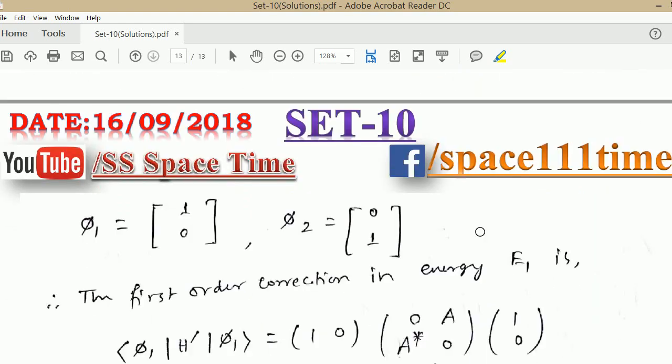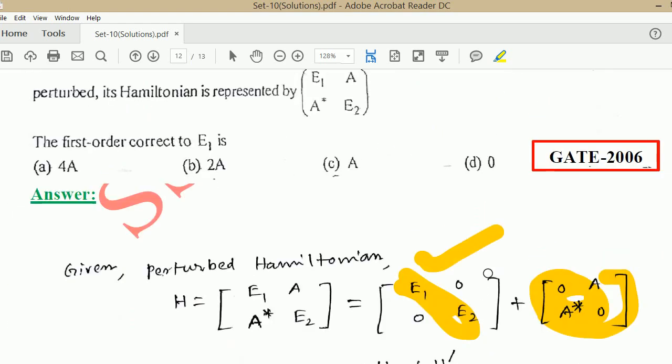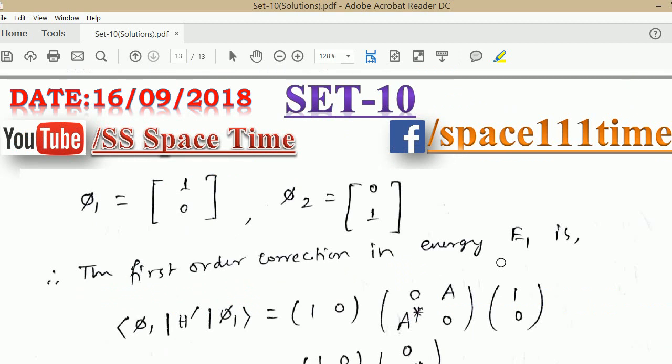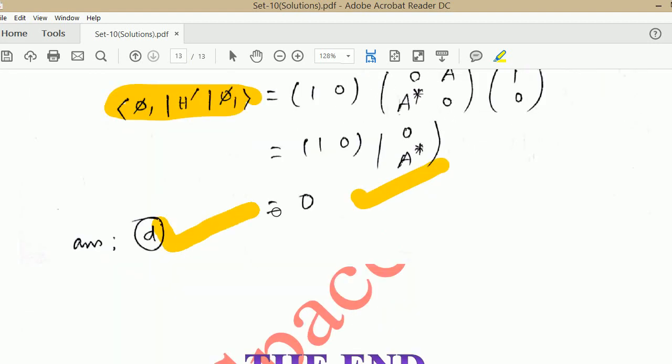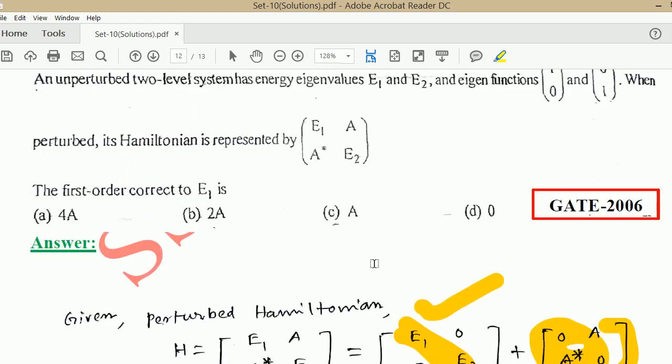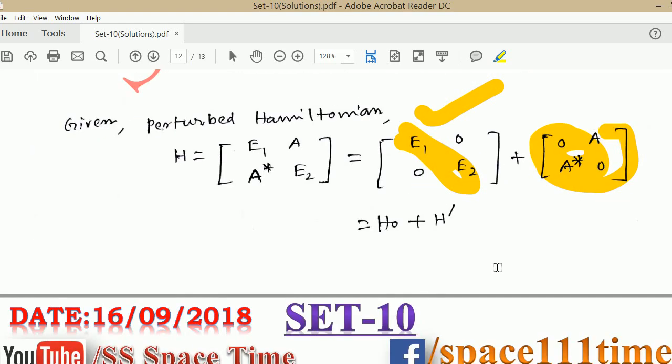The base vectors φ1 and φ2 are given as (1, 0) and (0, 1). Therefore the first order energy correction E1 means <φ1|H'|φ1>. This is the common formula for first order energy correction. So (1 0) times (0 A*; 0 1) times (1 0)ᵀ gives 0. So the correct option is 0, option D. Option D is the correct option.